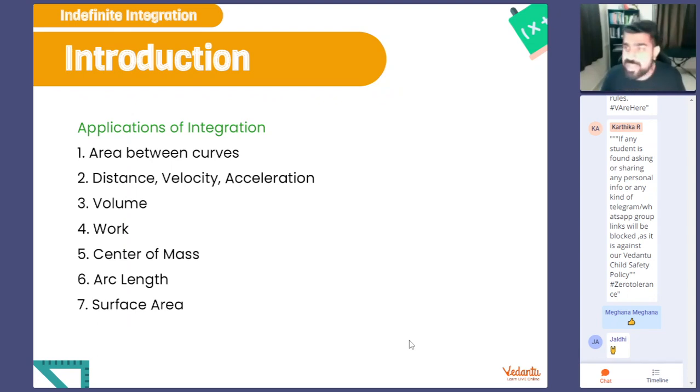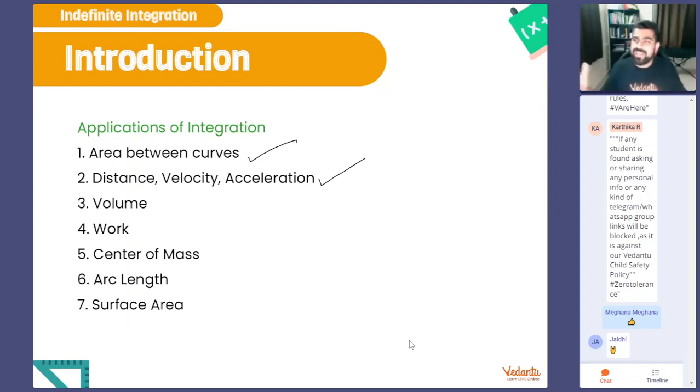So where do we use it, sir? We use integration to find area between curves. For example, this can be applied in manufacturing of cars and engines. Why do we need to find area in engines, sir? Heat dissipation from your engine depends on surface area. So there you'll have an application of integration.